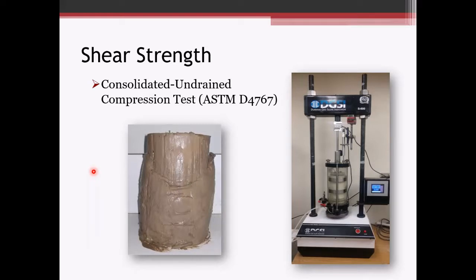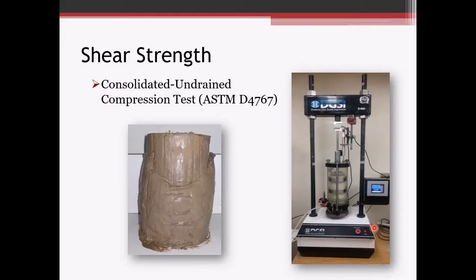The third most common shear strength test is the consolidated-undrained test, or the CU test. Again, the sample is going to be placed in a flexible membrane, and then the chamber is going to be filled with water. With this test, the sample is actually going to be allowed to consolidate. Once the sample is consolidated to whatever stress the engineer specifies, then the material is going to be sheared.